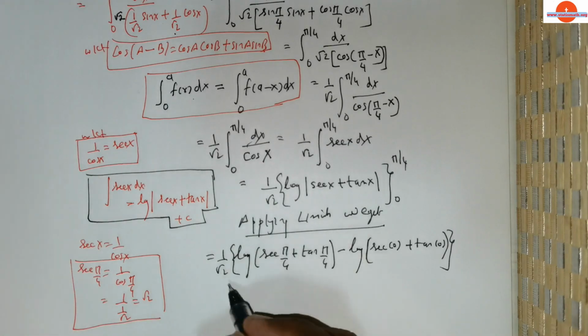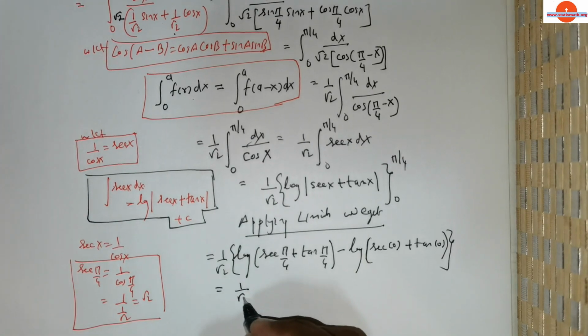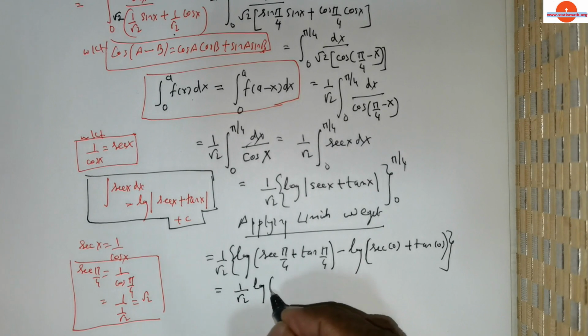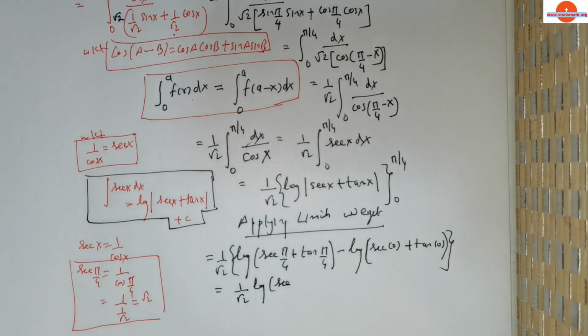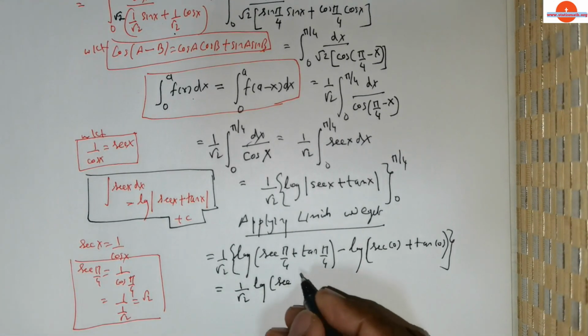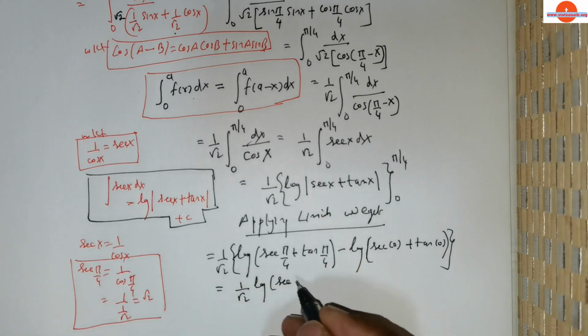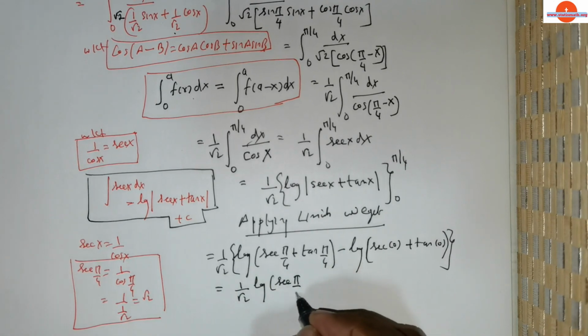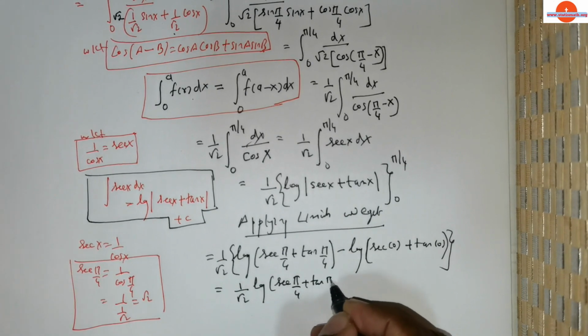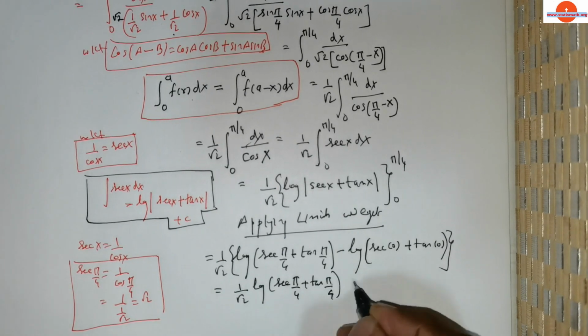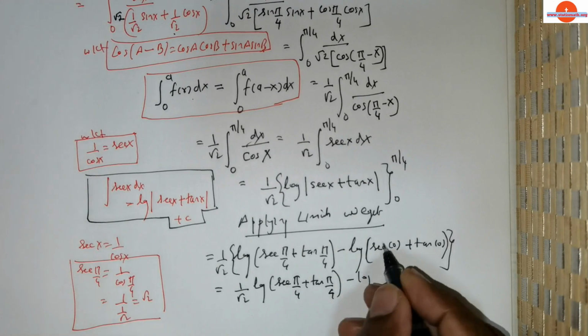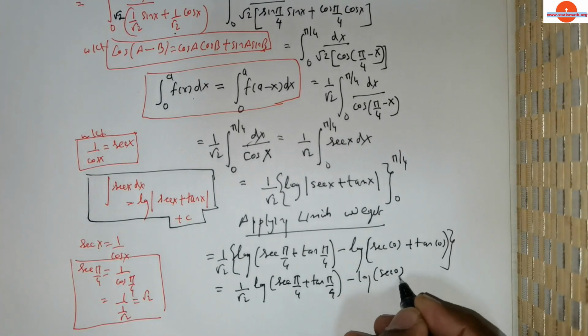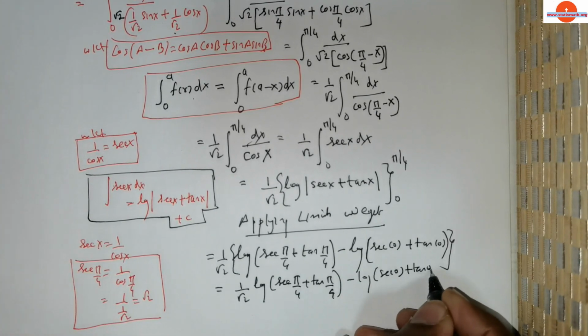So, this could be rewritten as 1 over root 2 log of secant pi over 4, as I mentioned to you, is root 2. Just for the sake of continuation, I wanted to place it off. I don't want to make this scratch. So secant 0 plus tan 0.